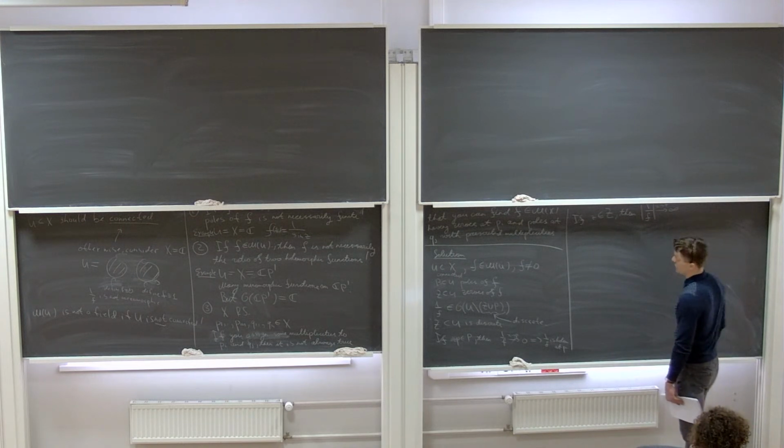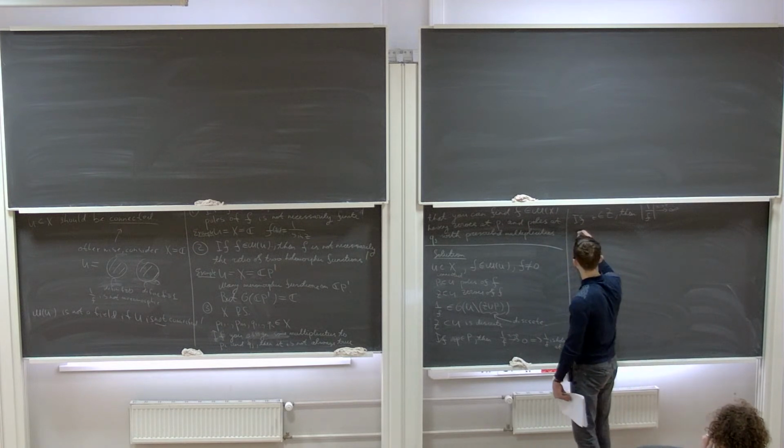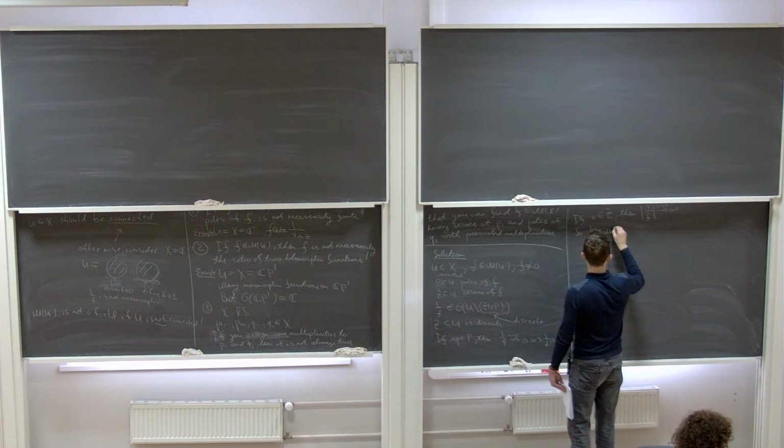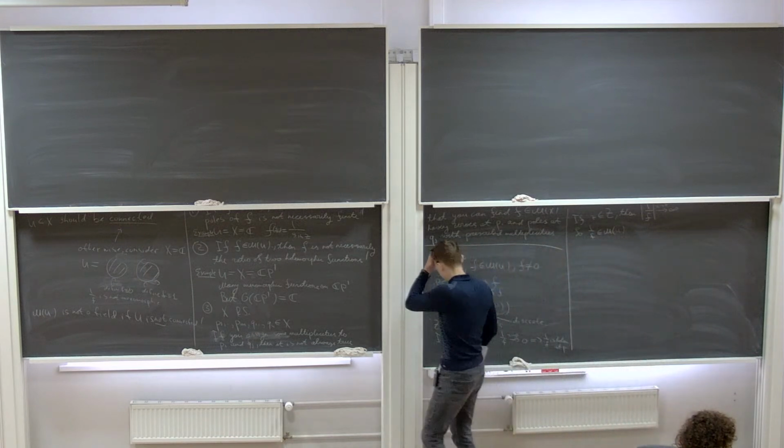Okay, then we conclude that 1 over f is a meromorphic function on U.